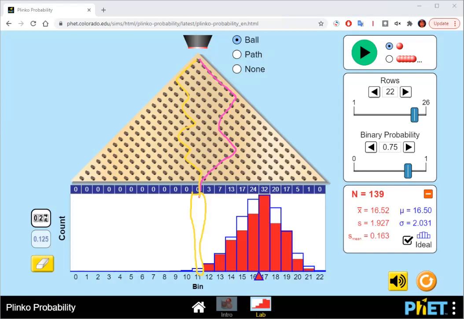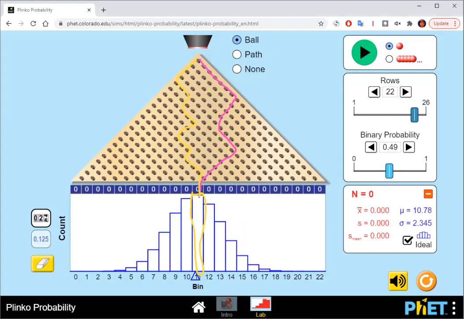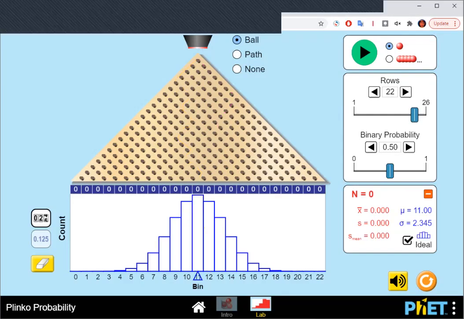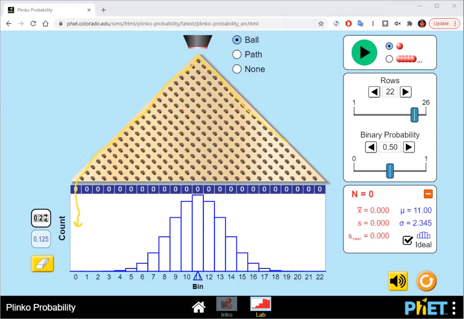So going back to the binary probability of 0.5, so going back to this example, I think it's really important to always go back to this fair example. Then what we're saying is that it's really hard to get this type of outcomes. There's only one way, left all the way. Same for this type of outcome, just one way.